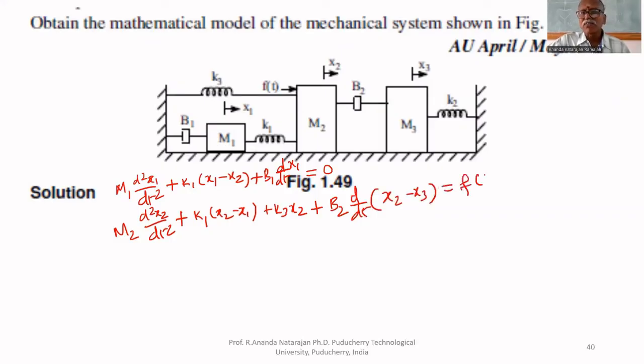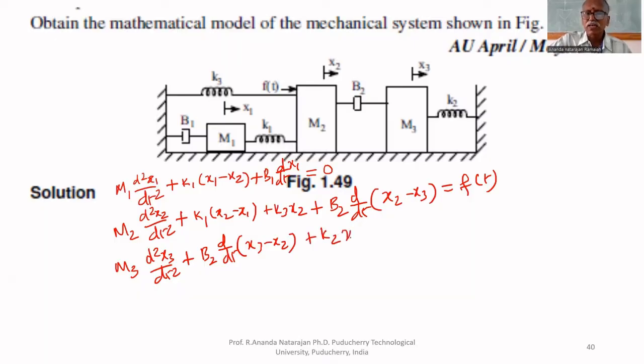Applied force is there, f(t), therefore equal to f(t). This is the second equation. Third mass: m3 d²x3/dt² plus b2 d/dt of (x3 minus x2) plus k2 x3, since one end is fixed, equal to 0. No applied force. That's all.